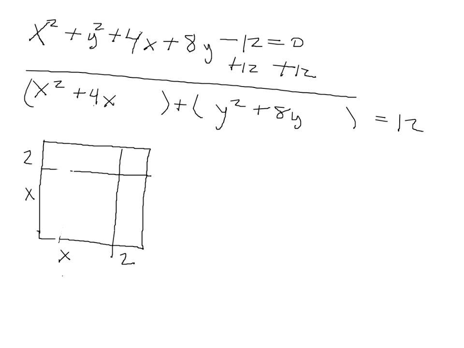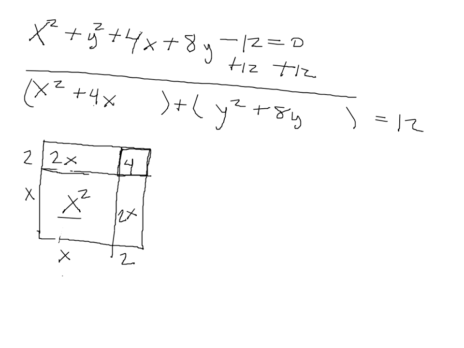And so the area of this part is x times x, which is x squared. The area of this rectangle is length times width, so that's 2x. Area of this rectangle is also 2x. Now we have to figure out the area of this square: length of 2, width of 2 is 4.